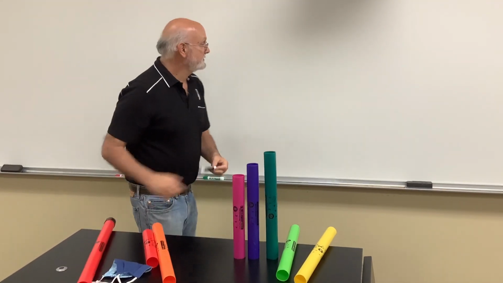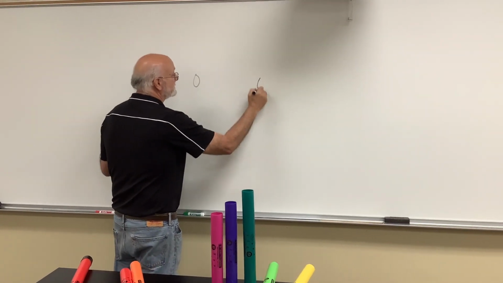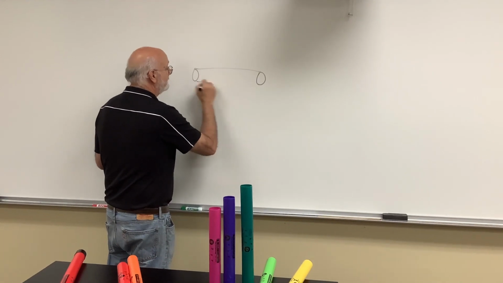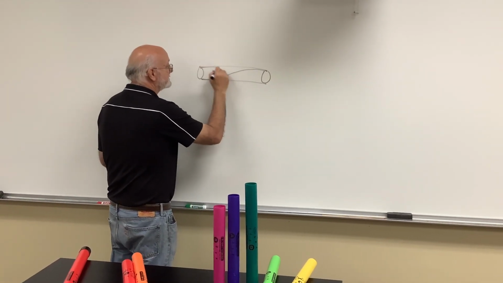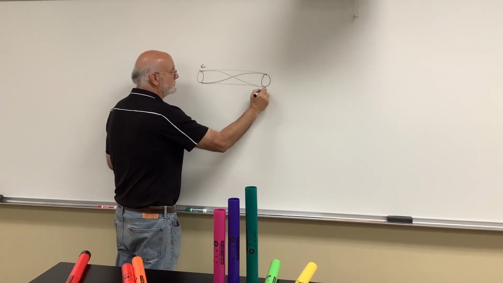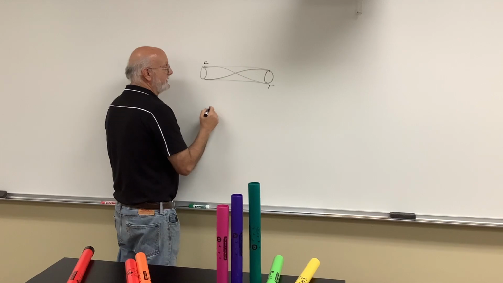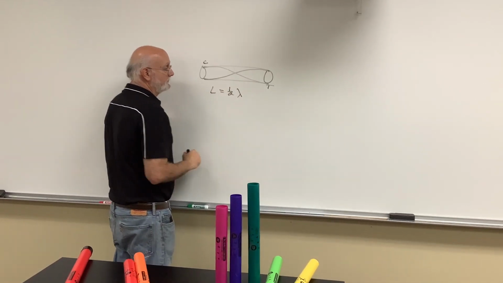Let's stop for a second and take a quick look. If it's an open tube, two sides are open, which means I'm going to get a standing wave inside, which is like this. You go from a crest to a trough, and so the length is 1/2 of a wavelength.